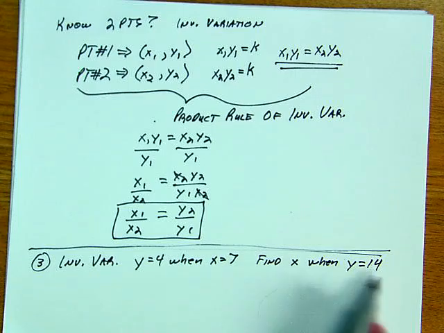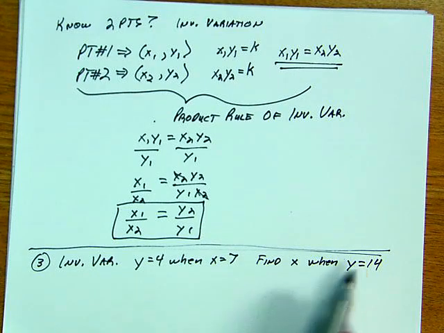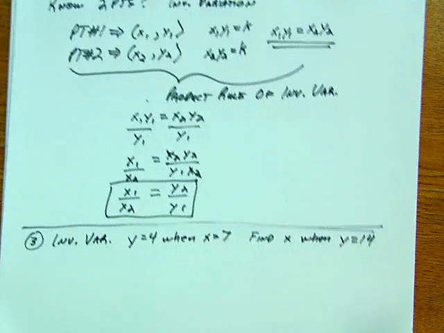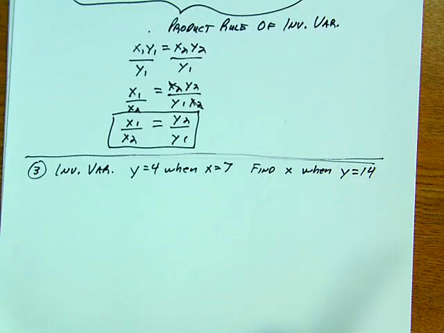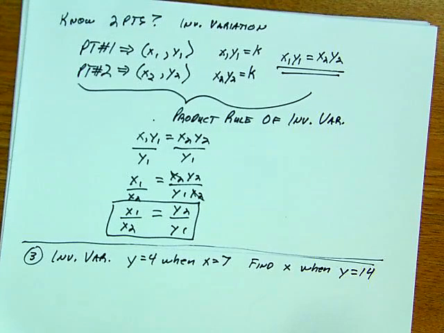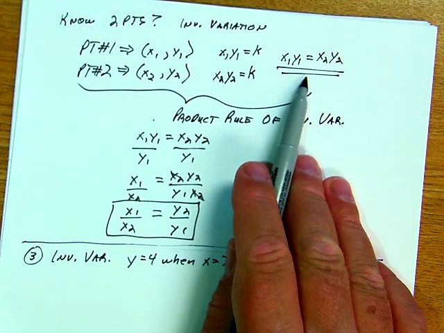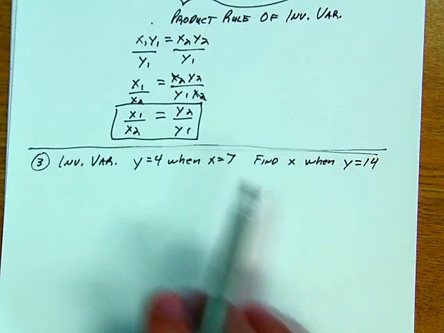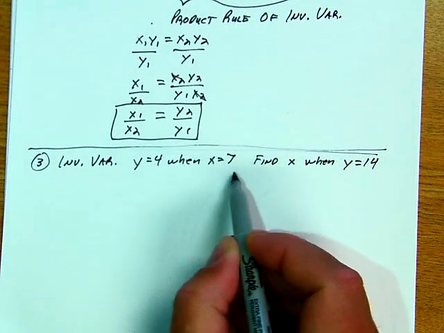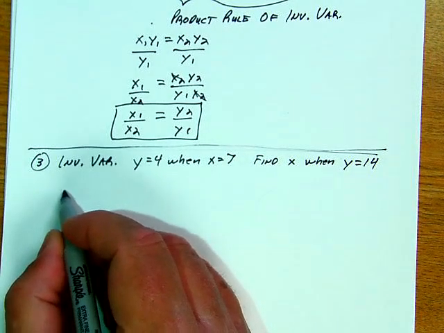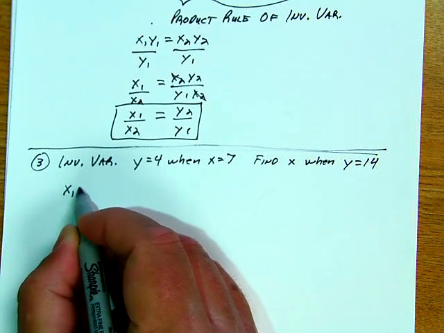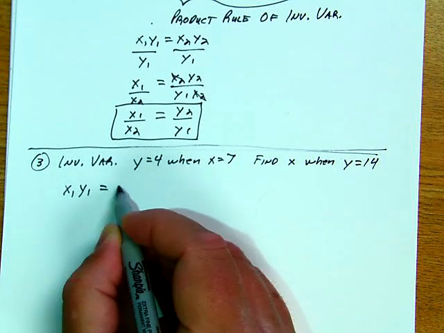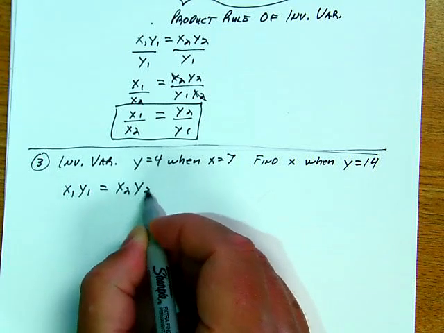Well, now we know a second point, but we only know the y value of the second point. So we're going to have to calculate the x value. So we're going to go up and use this formula to solve this problem. So let's count this as my first point. So x1 times y1 is equal to x2 times y2.